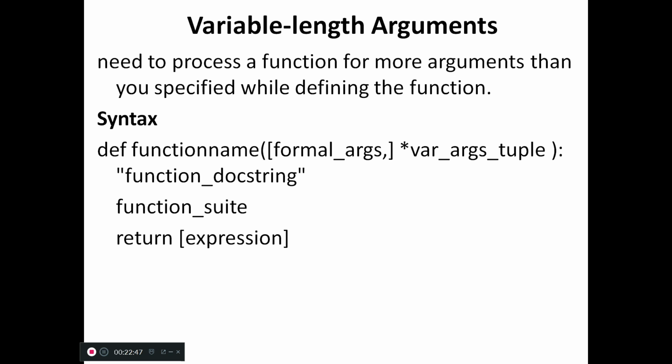Now let's see the syntax for the variable length definition. def function name, formal arguments, star var tuple, then function docstring, function suite, then return expression. An asterisk (star) is placed before the variable name that holds the values of all non-keyword variable arguments. This tuple remains empty if no additional arguments are specified during the function call.